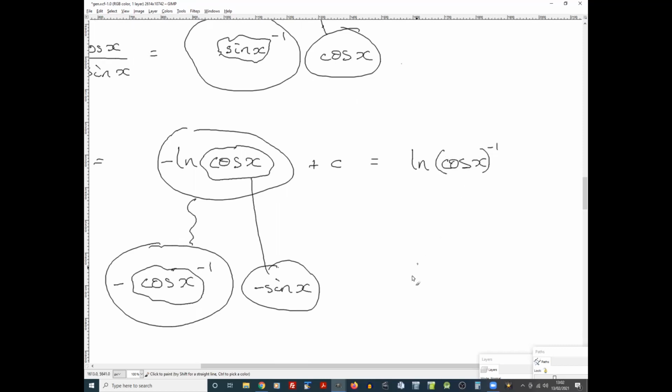Which of course means what? What's cos x to the minus 1? Ln sec x. Yes, because the power minus 1 here doesn't mean inverse cos, it means 1 over. So it's 1 over cos, which of course is log sec. Good, which is how we usually state it.